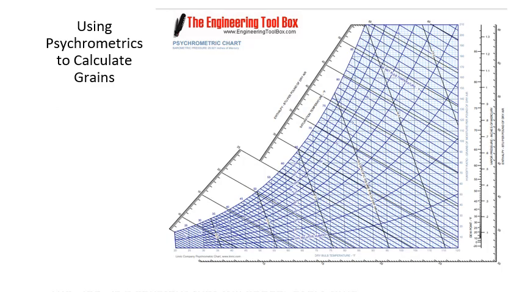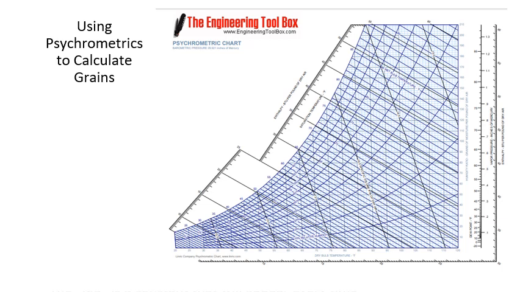So how do we calculate what our grains of moisture difference is? Well, we have to go to the psychrometric chart or use a psychrometric app. It's a little easier to visualize what we're doing on the psychrometric chart, and a lot of technicians get intimidated by this chart.